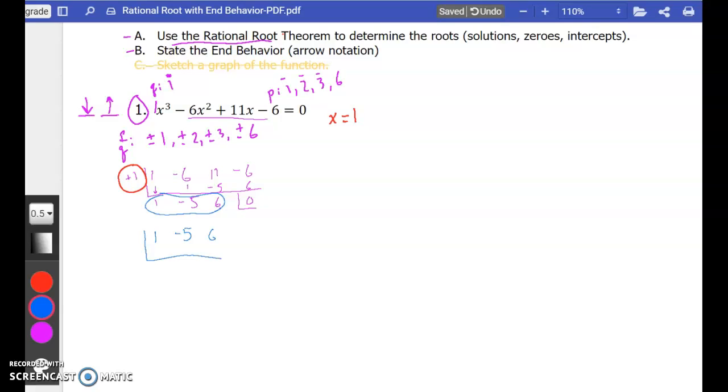I need to get it through my head that blue and purple are not that different. I am going to go back and use positive 1 again, just to make sure it's not a double root. So 1 times 1 is 1. Negative 5 plus 1 is negative 4. And 1 times negative 4 is negative 4. That is not going to give me a root. So I have 1, negative 5, and 6 going back to my original.